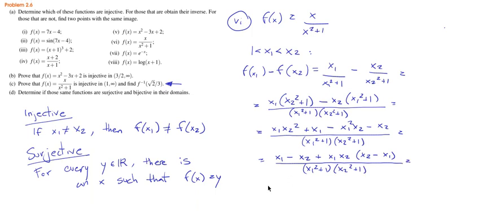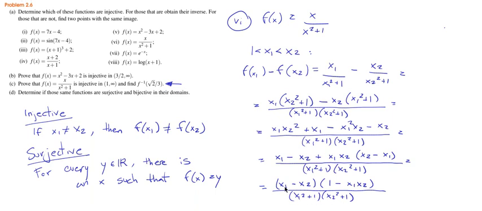If we again take the common factors of these two terms, we have 1 minus x1 x2. The denominator is always positive, because it is a positive plus 1 times a positive plus 1.